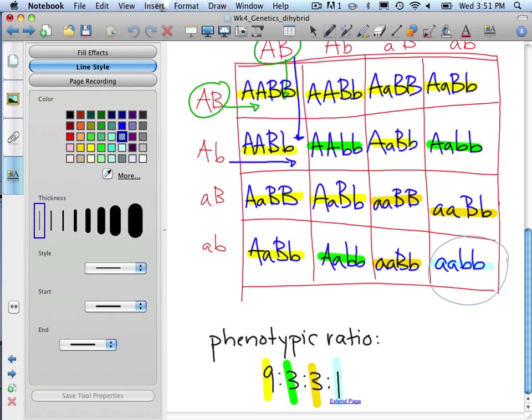Okay, right here. 1 out of 16 offspring express both recessive traits.